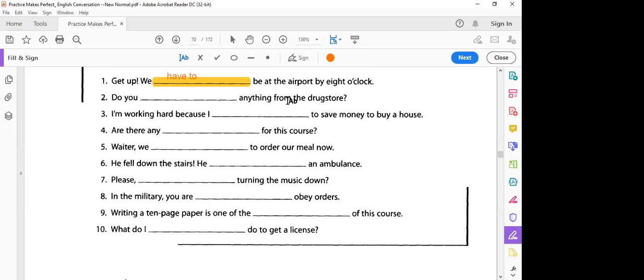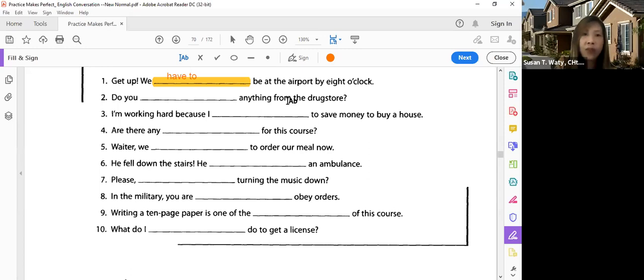You don't need to use "buying," because of course it's a double, not necessary. When you're at the drugstore you're going to buy it, right? You're not going to borrow anything from the drugstore. For sure you have to spend money. So what you can say is, do you want anything from the drugstore?